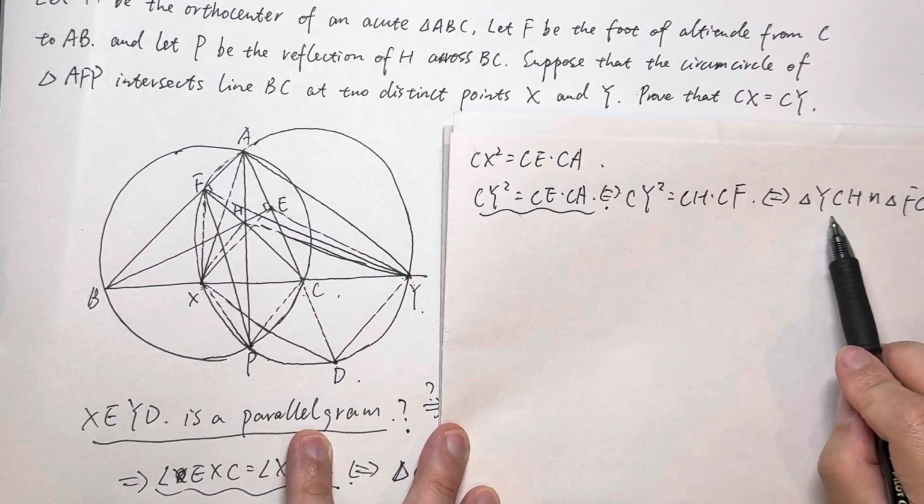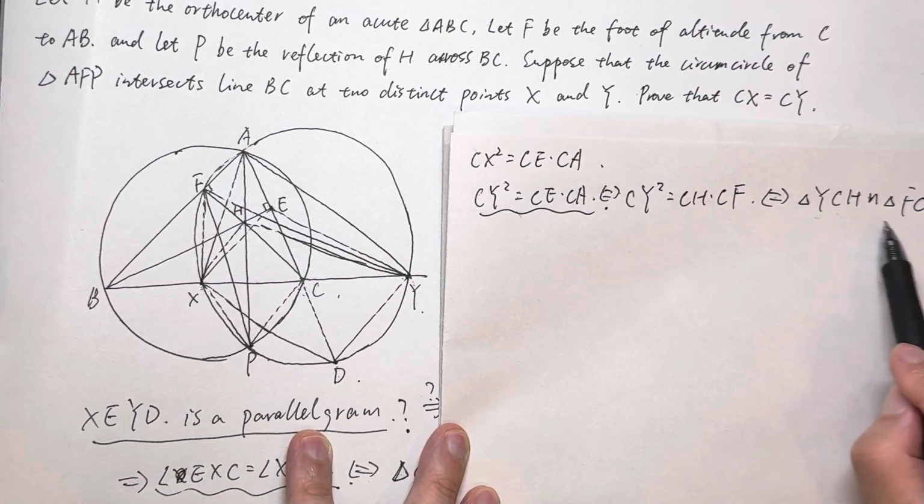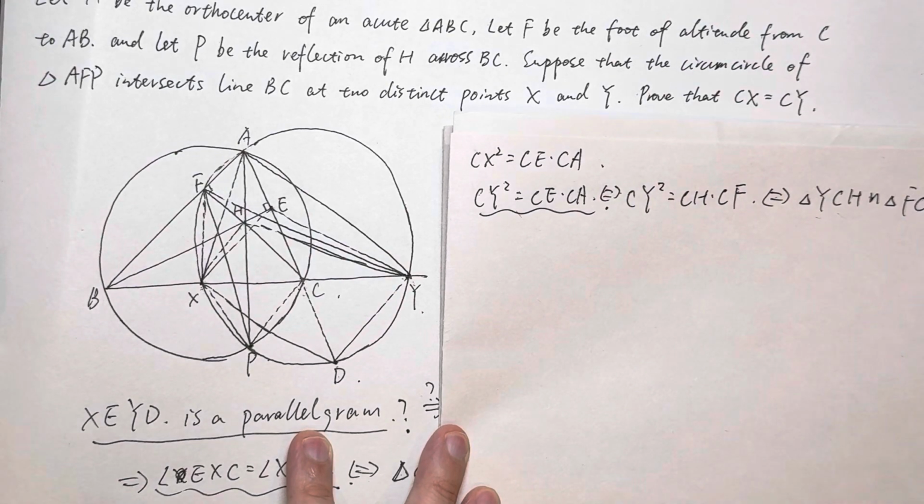Right? So CY to CH equals FC to CY, right?